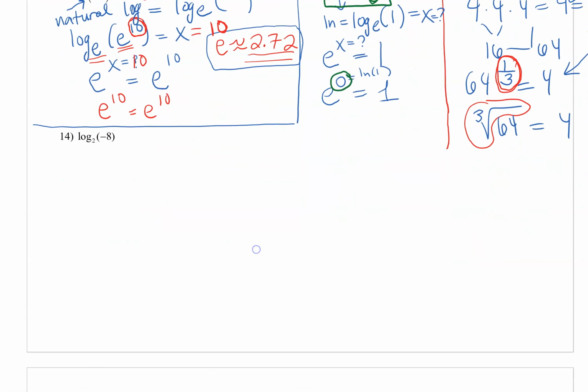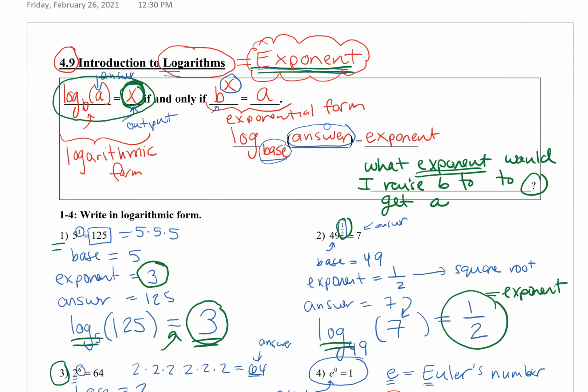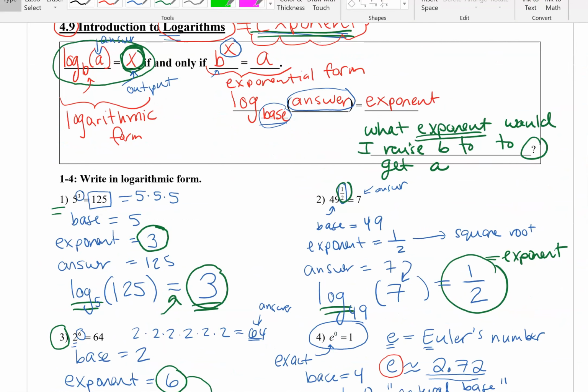Now in number 14, we have a negative result on the inside. So this is actually undefined, does not exist. But I want to explain to you why. So I want to back up to the beginning of this outline for just a moment and give you some qualifications for this base b.